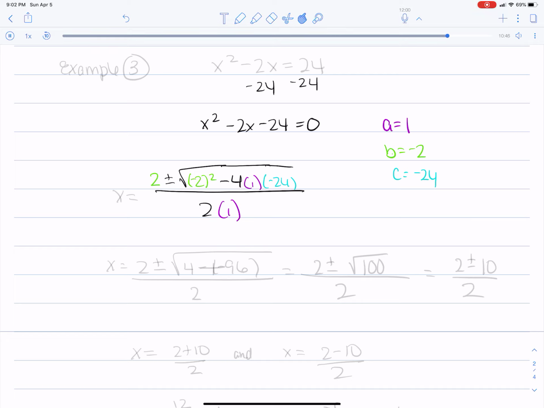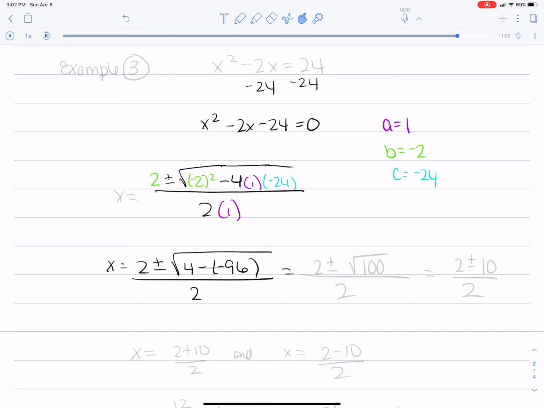Okay, so now we're just going to simplify. So x equals 2 plus or minus the square root of, well, -2 squared is just 4, minus a -96, all over 2 times 1 is just 2.